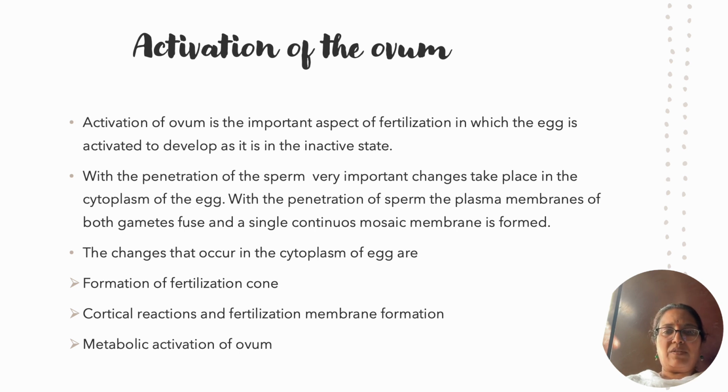The plasma membranes of both the gametes fuse and a single continuous mosaic membrane is formed. The changes that occur in the cytoplasm of the egg are formation of the fertilization cone, cortical reactions and fertilization membrane formation, and metabolic activation of the ovum.